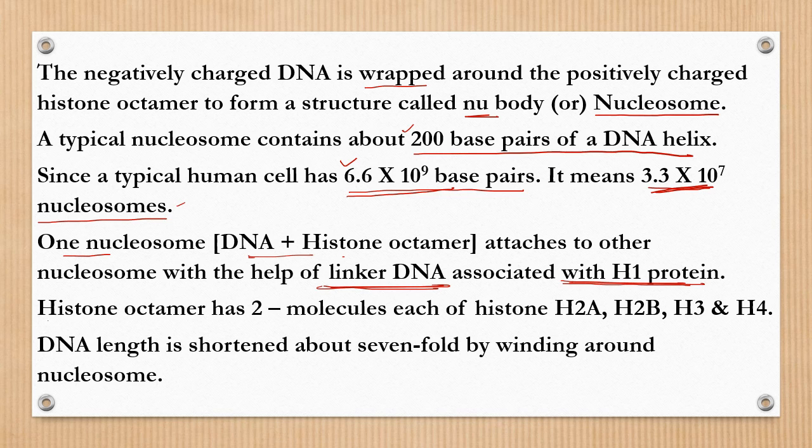The histone octamer has two molecules each of H2A, H2B, H3 and H4, a total of 8 in the octamer. So the histone octamer consists of only 4 histone protein classes, H2A, H2B, H3 and H4, but each one has 2 molecules.